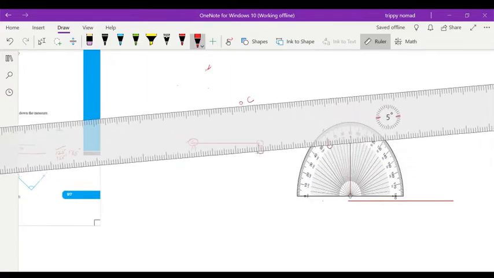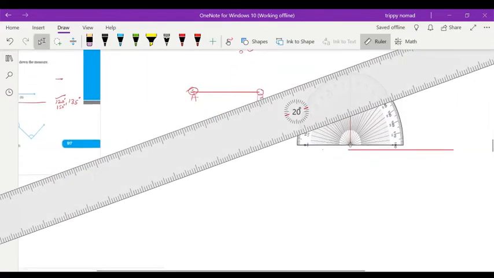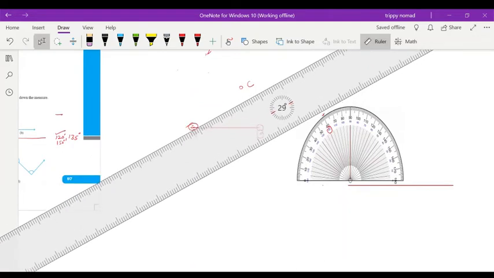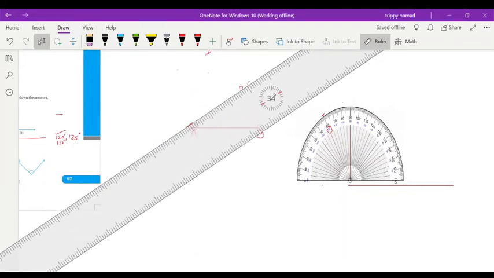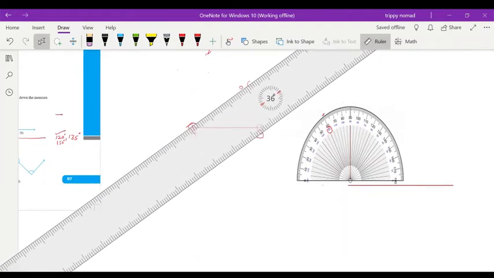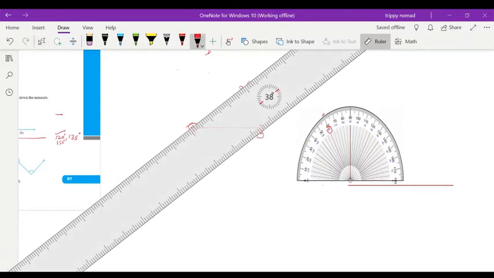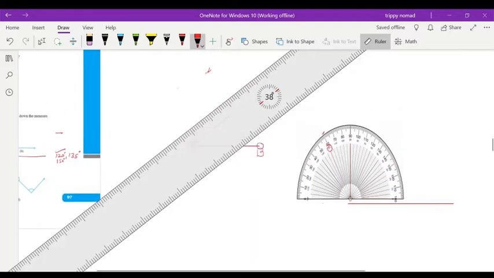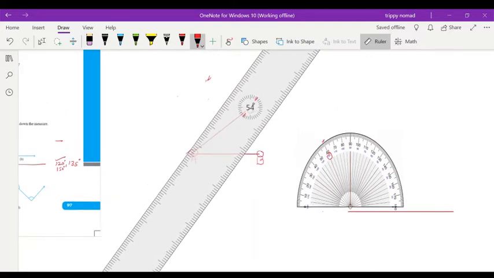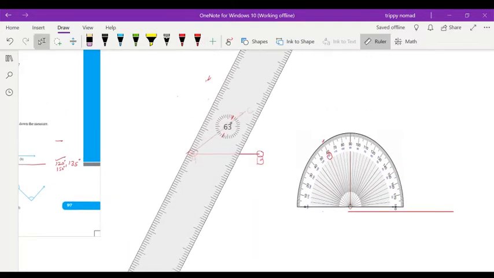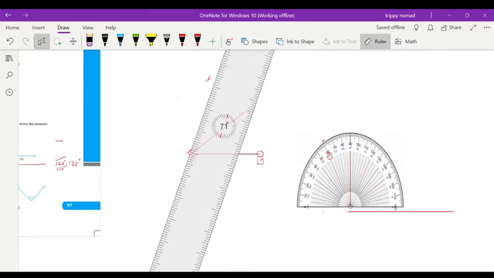And this was drawn for you. Two angles in the one line segment I have shown you.